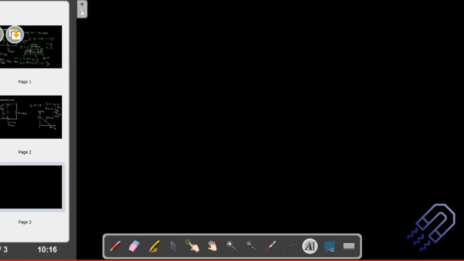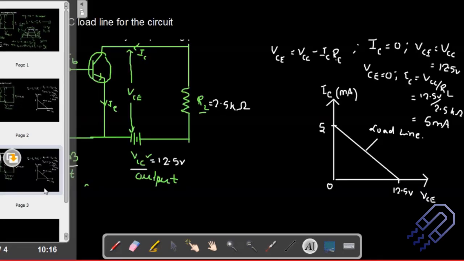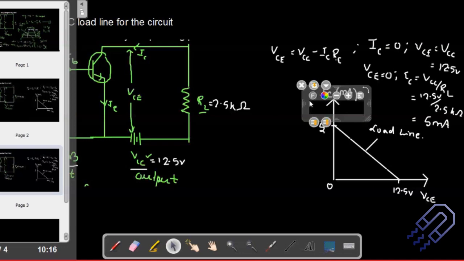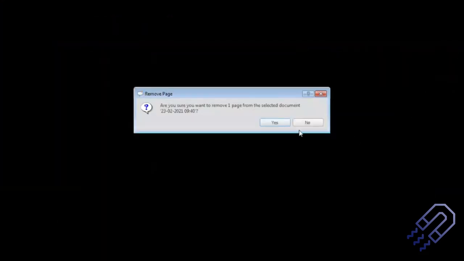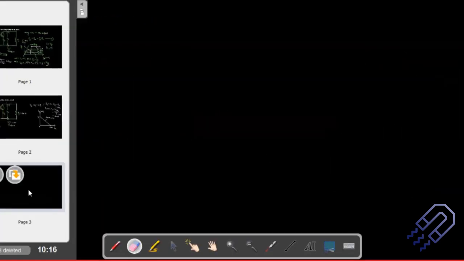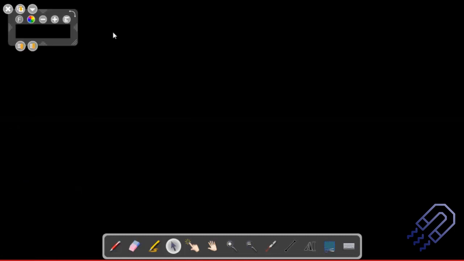I'll just take this page, delete these parts. We're not going to use it, and then we're going to write down a separate question altogether. I really don't need to draw the circuit because it's quite obvious.